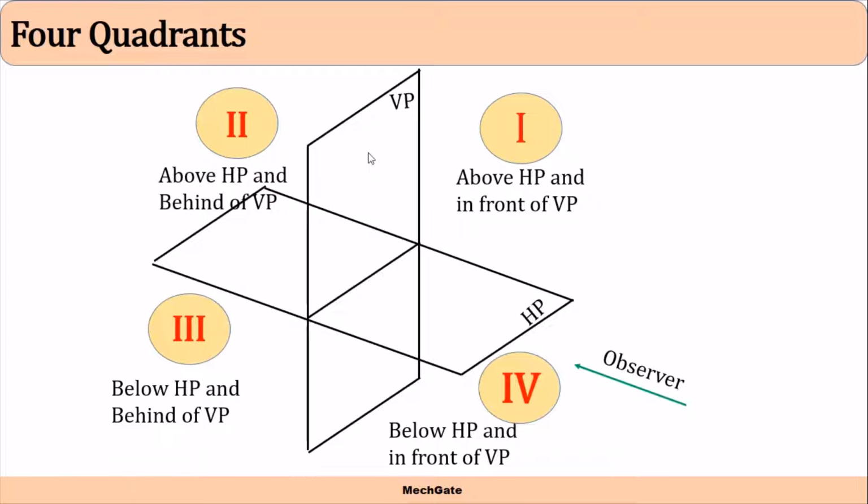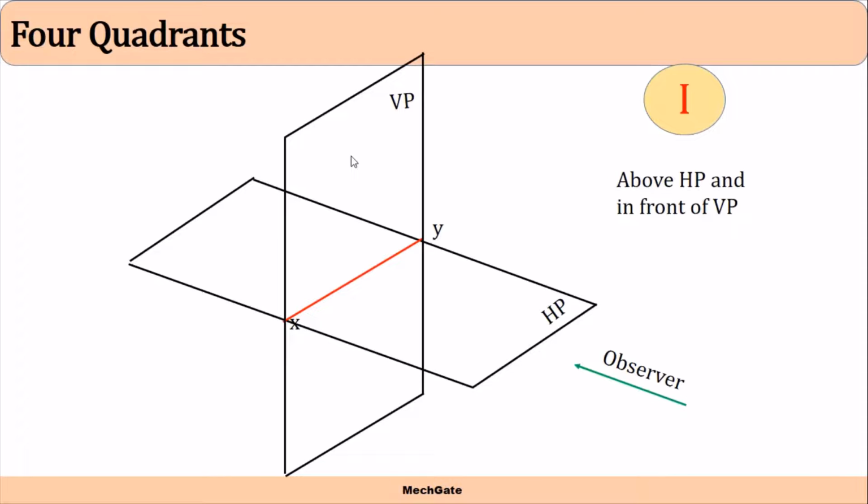Now let's see, if the object is lying in various quadrants, what would be the front view and top view of the respective object. Let's say the object is lying in the first quadrant and the intersection of VP and HP is XY. This is our object, and we are observing from this side.